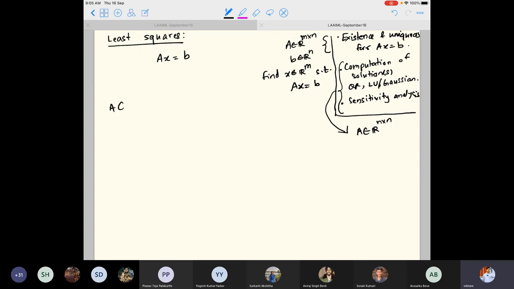Suppose A is a matrix which is m by n, and b is a vector. The standing assumption that I'm going to have throughout the discussion on least squares is that the columns of A are linearly independent.